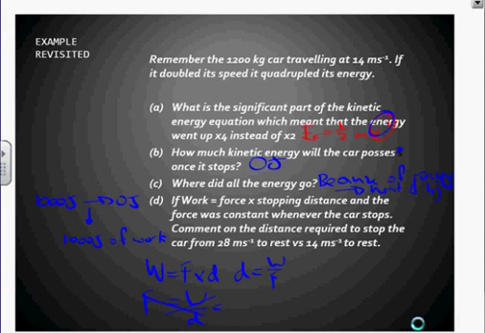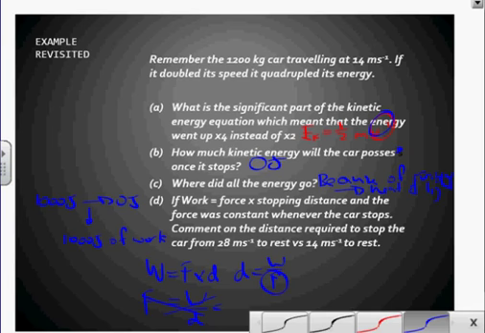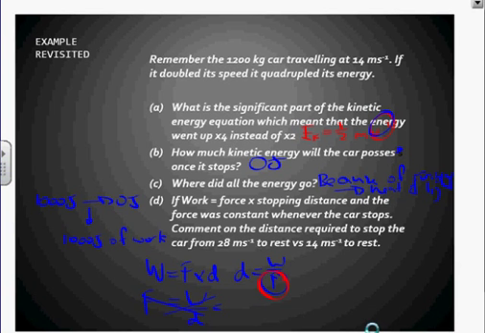Now, if we actually work this out with a constant force, you could come up with any value to test your logic. You could put in 100 or 200. But if this bottom line is the same, and we're only going to change the top line, well, when you're going at 28 meters per second, this value at the top line is going to be 4 times as large.